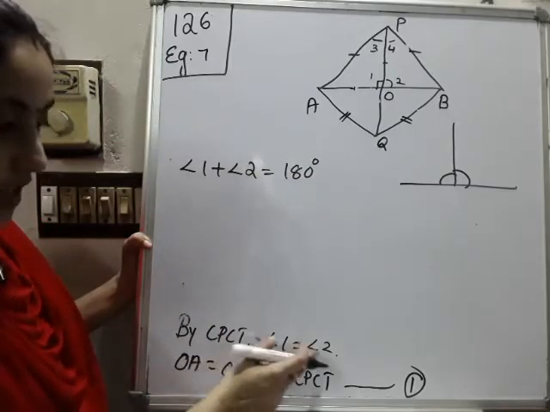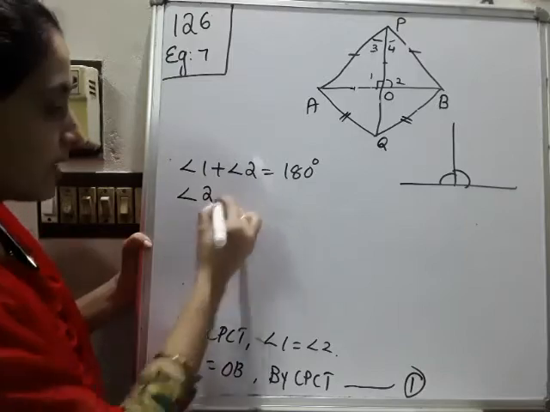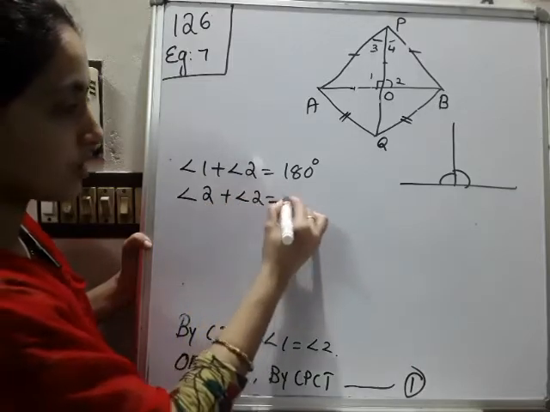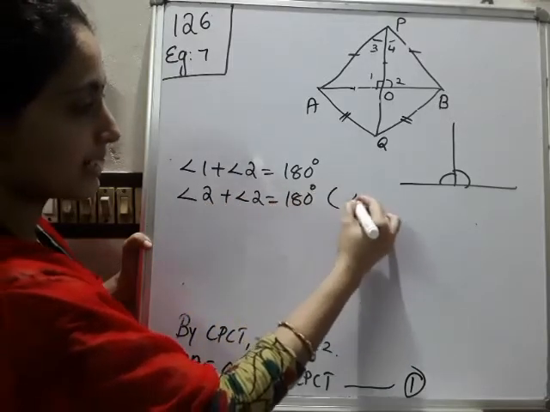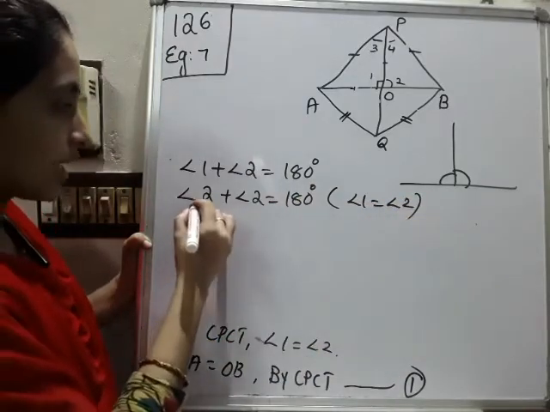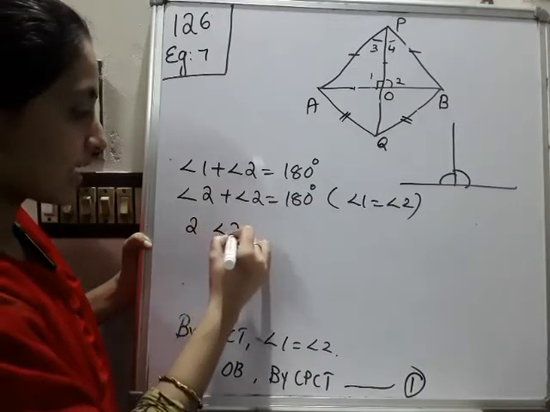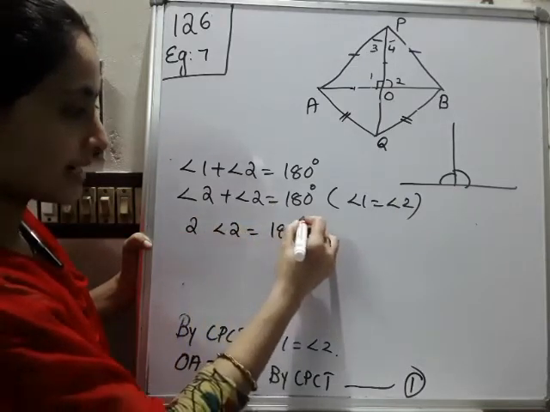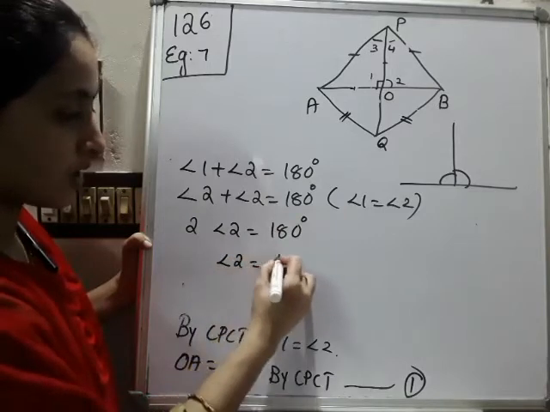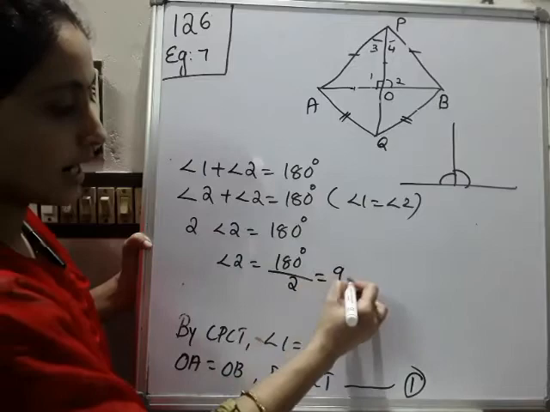We already got angle 1 is equal to angle 2, so we can replace angle 1 by angle 2. Angle 2 plus angle 2 is equal to 180 degrees, reason: angle 1 is equal to angle 2. So 2 times angle 2 is equal to 180 degrees, and angle 2 is equal to 180 divided by 2, that is 90 degrees.